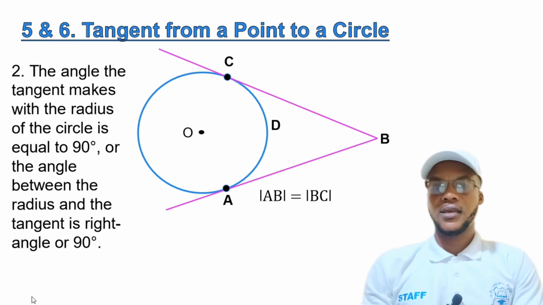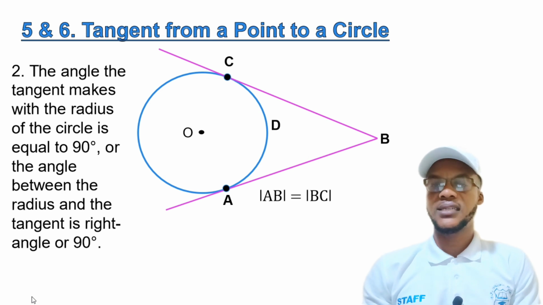Remember, when we started, we looked at the parts of a circle. We said that when you draw a line from the center to any point on the circumference, that line is the radius.